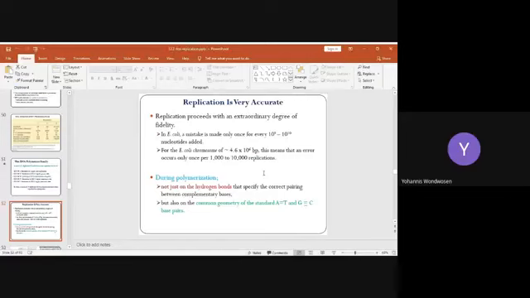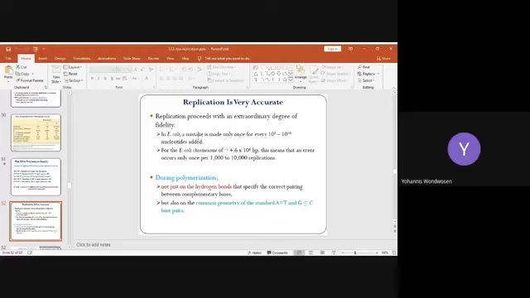So we see that replication is a very accurate process, a process with an extraordinary degree of fidelity. In E. coli, even with that much speed of DNA polymerase activity, a mistake is made only once for every 10^9 up to 10^10 nucleotides added.